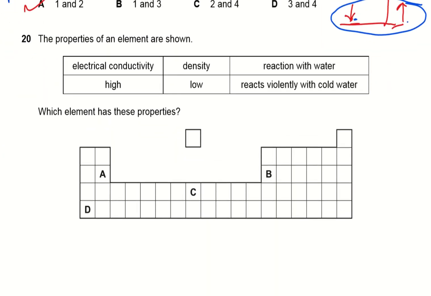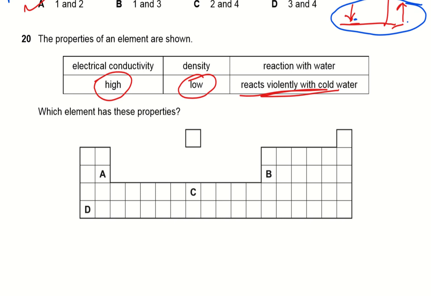Now question 20. The properties of an element are shown below. Which element has this property? This element has high conductivity, low density, and reacts violently with water. Non-metals do not have high electrical conductivity. Metals have high electrical conductivity.